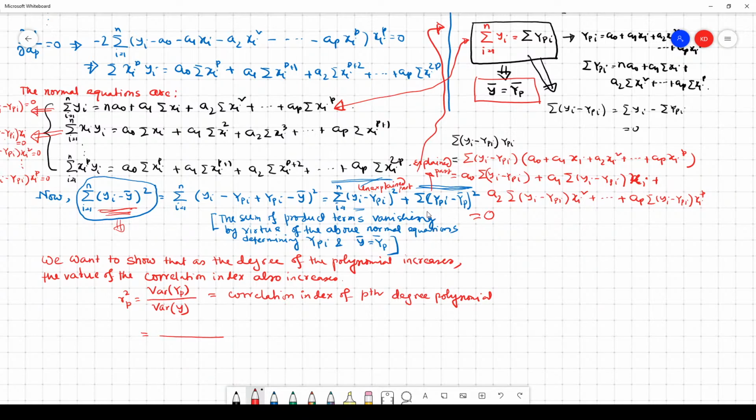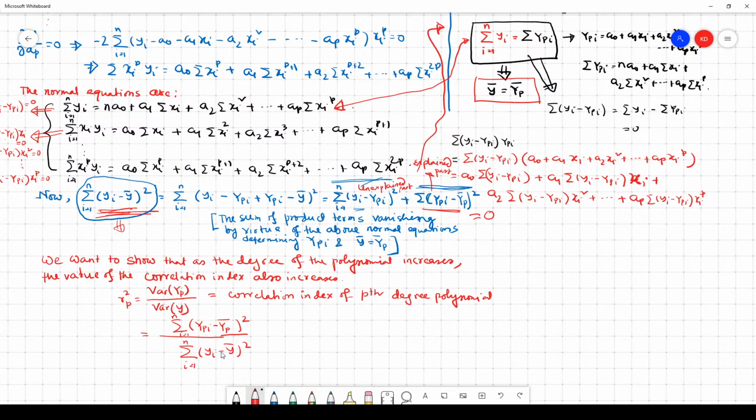So the explained part is the sum over i of Ypi minus Yp bar whole square, divided by the total variation, the sum of small yi minus small y bar whole square.